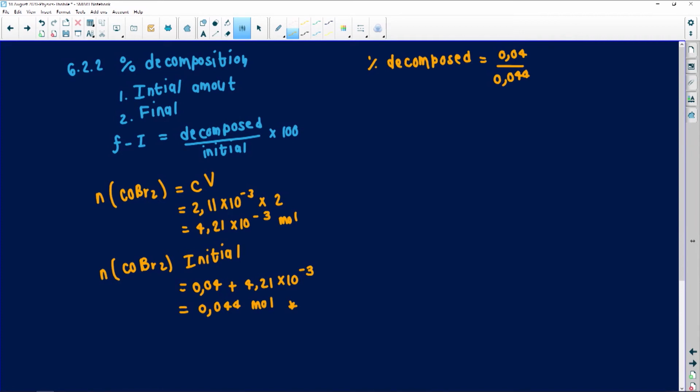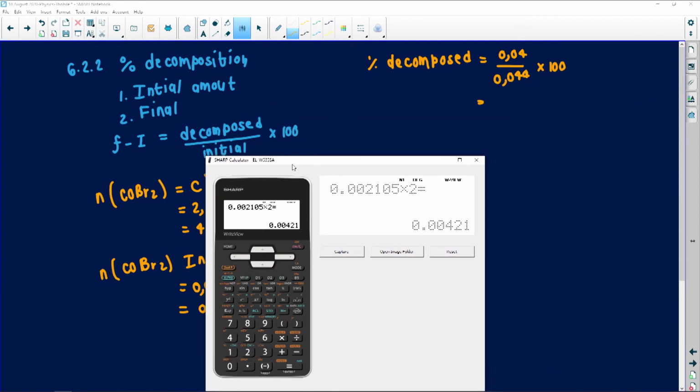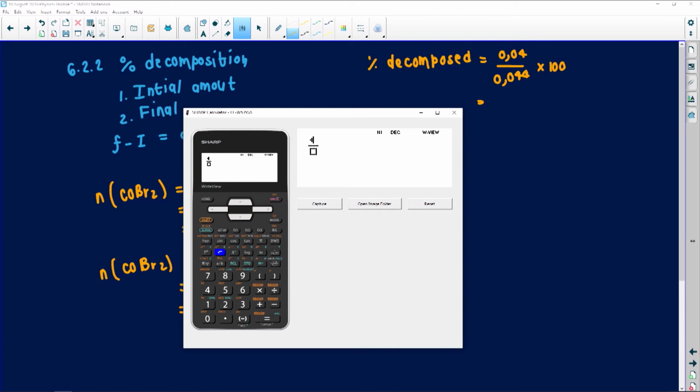So then I've got this amount, and I'm going to multiply that by 100. Let's see what percentage I then get. I'm going to have 0.04 at the bottom, 0.044.